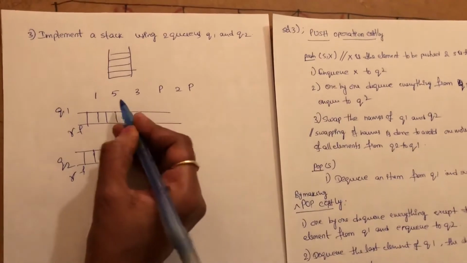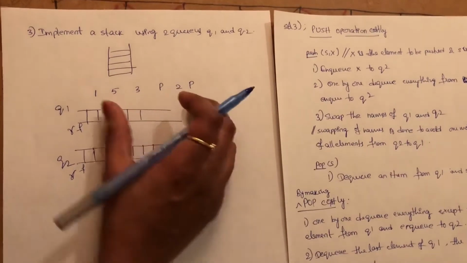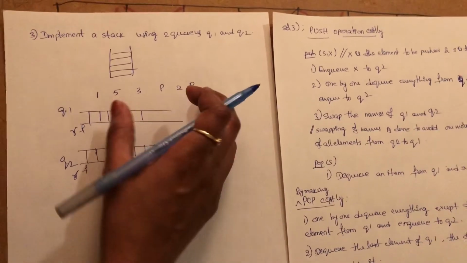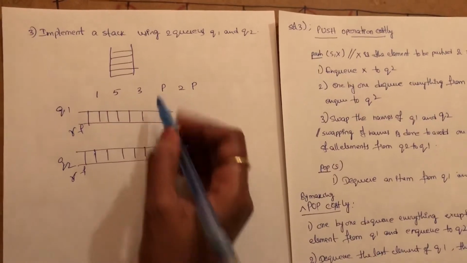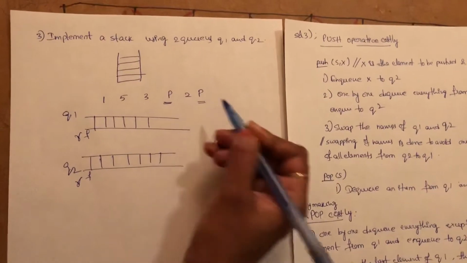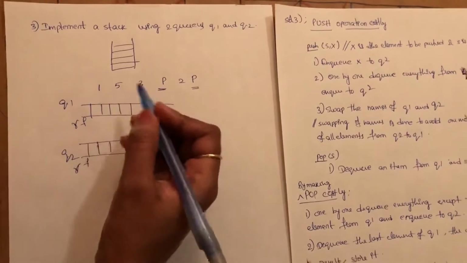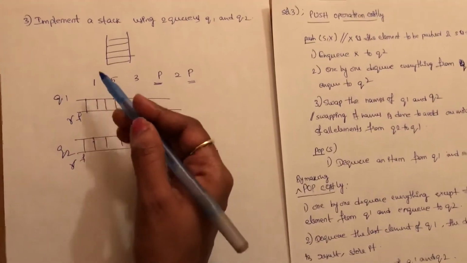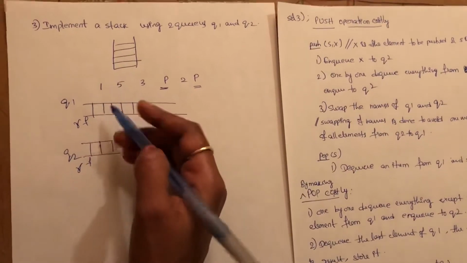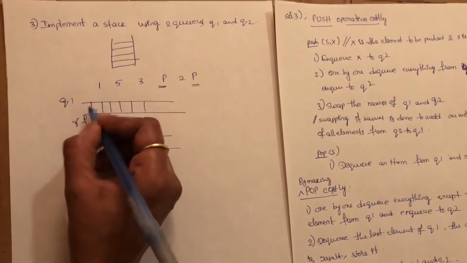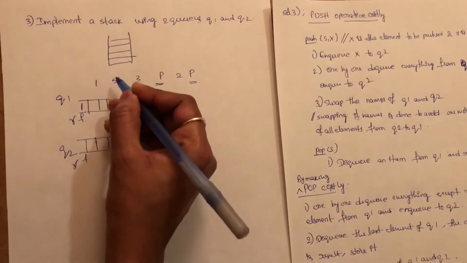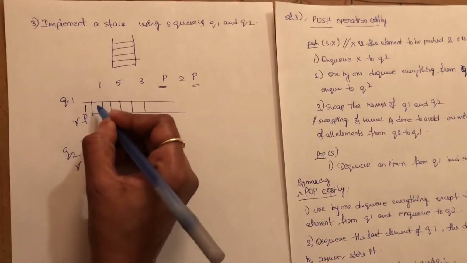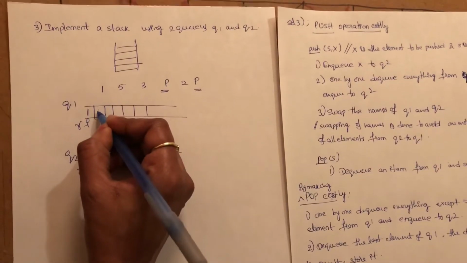First, let's say these are the elements that we have taken. P means pop operation. So first we push one element into Q1, and next we push 5 into Q1.